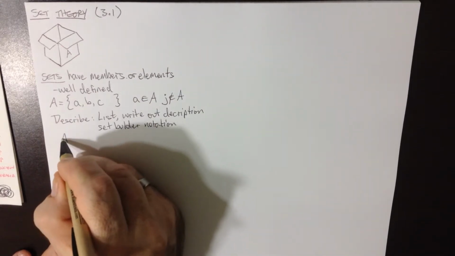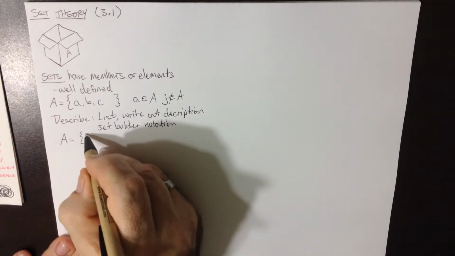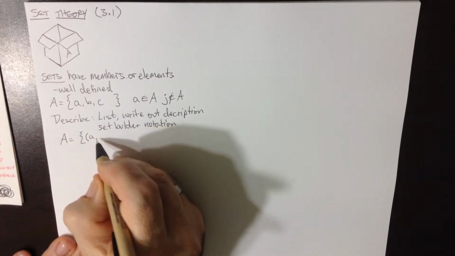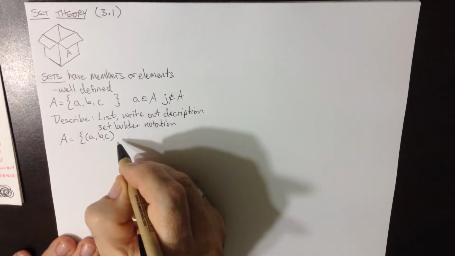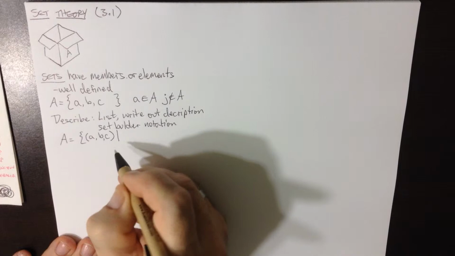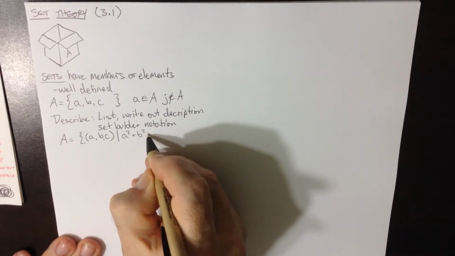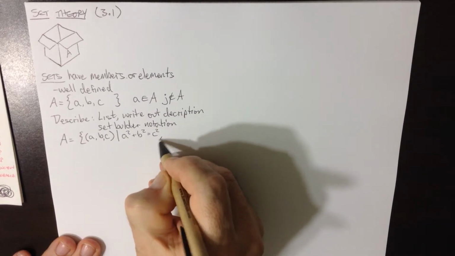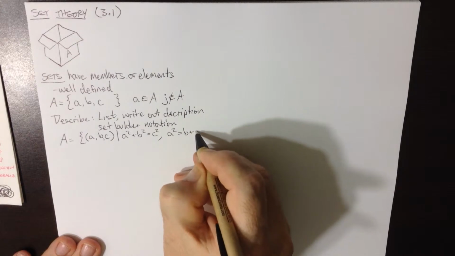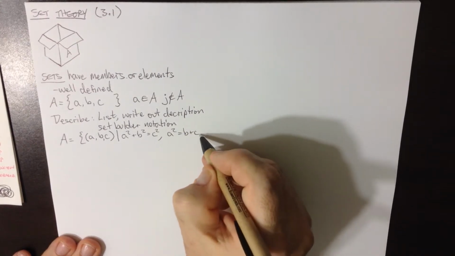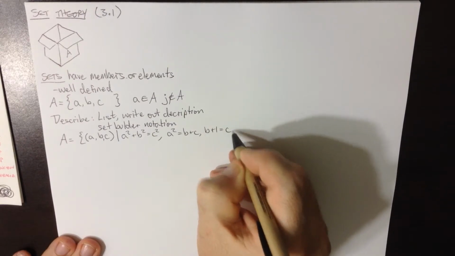If we said A is the set of the triplet a, b, and c, such that a squared plus b squared equals c squared, and a squared equals b plus c, and b plus 1 equals c.